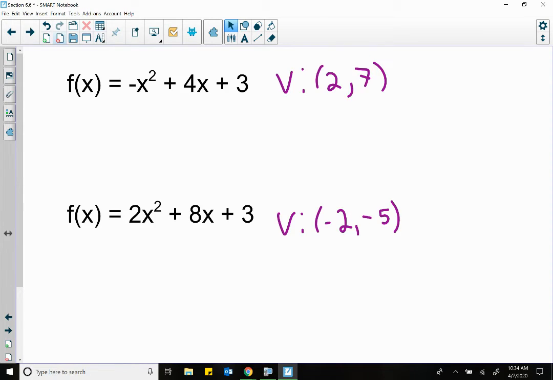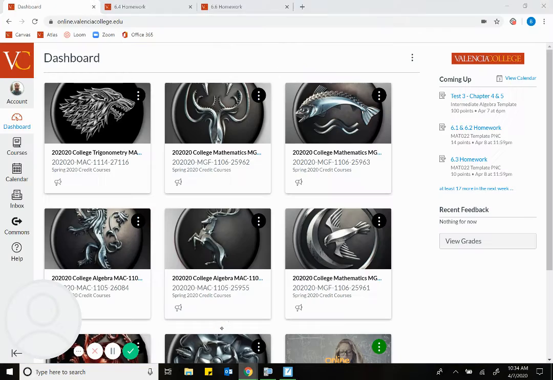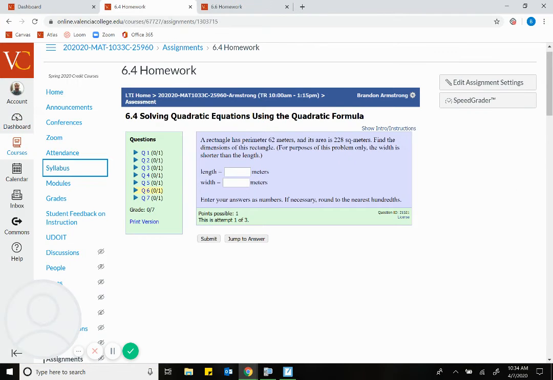Nope. So what I want to talk about is just some of the problems that you're going to run into in your homework, just to clear up some things for you. In your homework, you're going to run into some word problems. So this is in 6.4. It's asking you to find the perimeter of a rectangle when its area is 228 square meters.